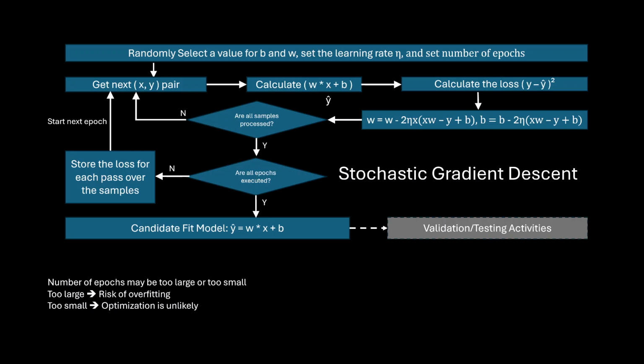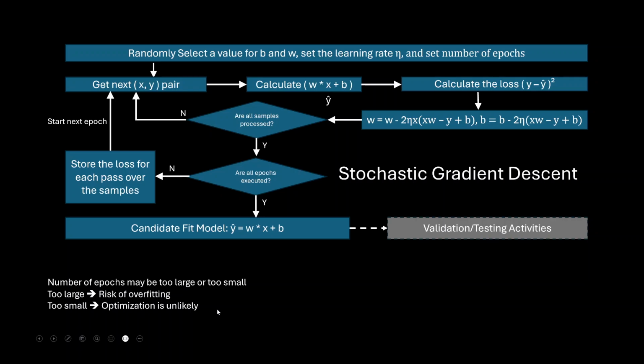It describes the training data very well. But when you give it input data that it has not seen, it does not do very well. And this could be because the model was overfitting the training data. If the number of epochs is too small, optimization would be unlikely or less likely.